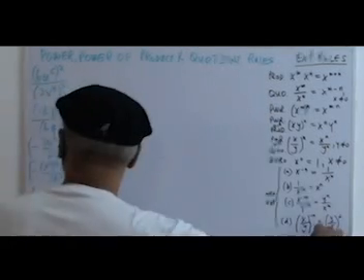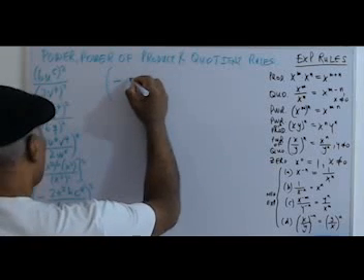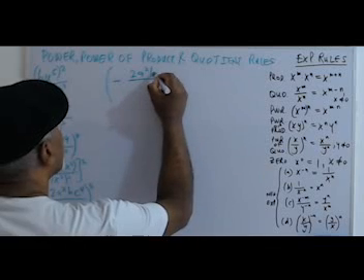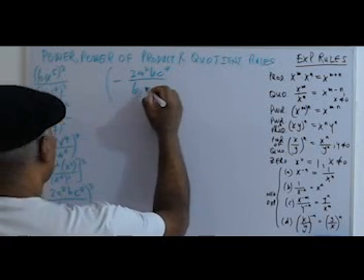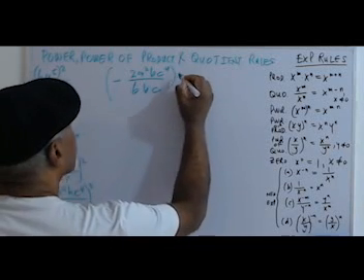The last problem we have here is negative 2a squared b c to the 4th over 6 b c, all cubed.